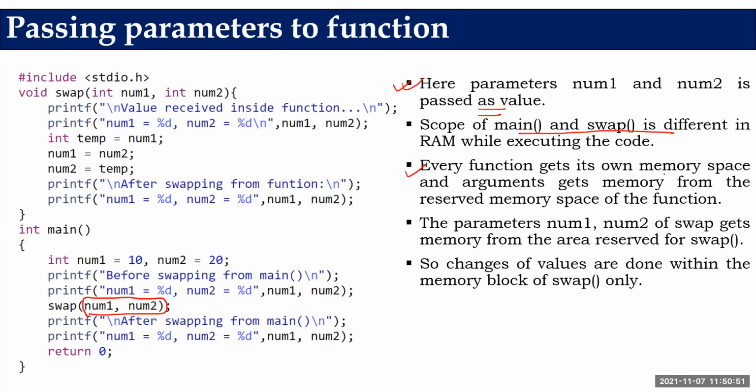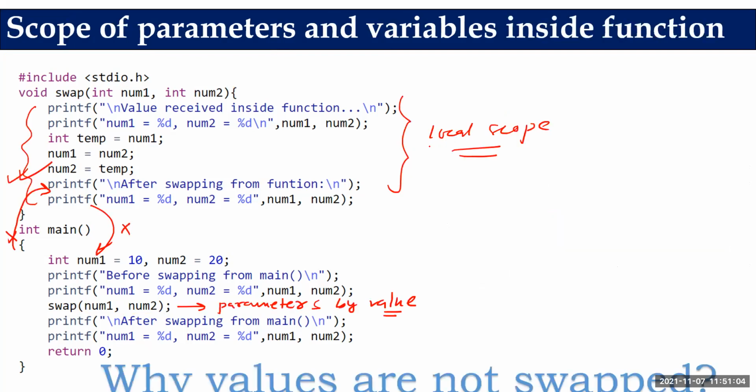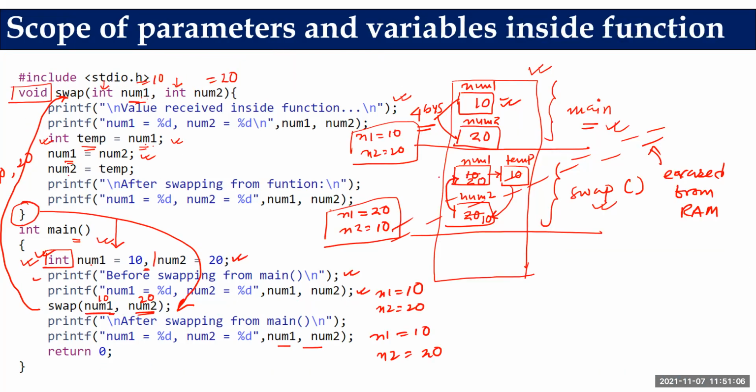Every function gets its own memory space, and arguments get memory locations from the reserved memory space of the function. So this num1 and num2 get memory from the reserved memory block allocated to the function. This is shown in the figure as well. See, num1, num2 and temp get memory from the reserved memory space for swap.